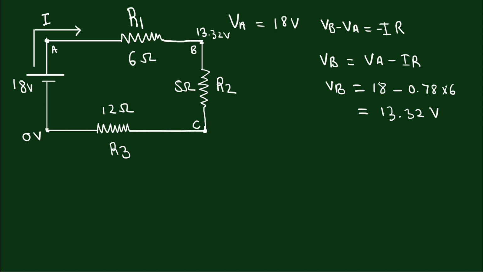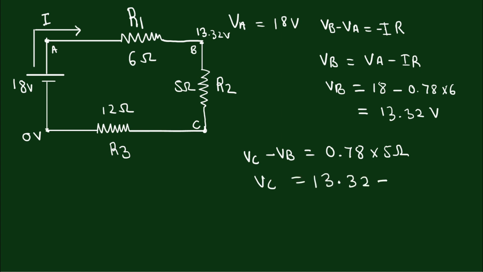Now we have to find the potential difference across this resistor, the potential difference between the points C and B. So VC minus VB will give us 0.78 times 5 ohms. So VC is equal to 13.32 minus 0.78 into 5.